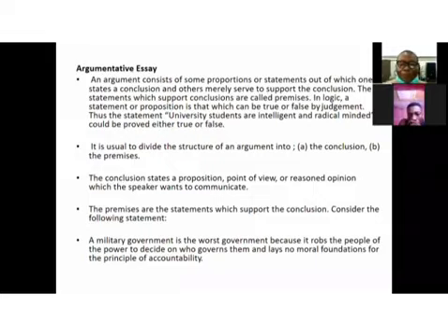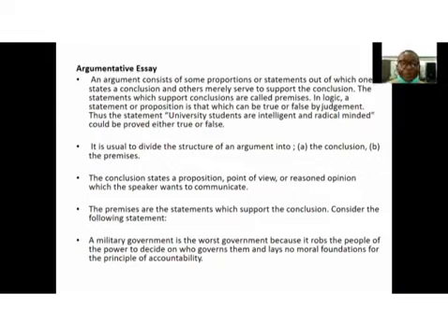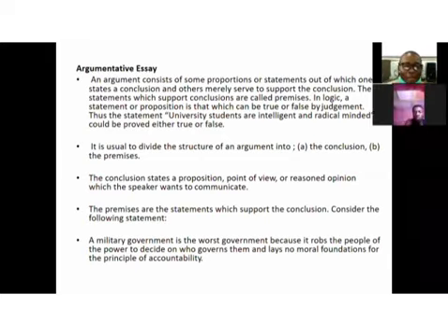The statements which support conclusions are called premises, and this is found in logic. In logic, a statement or proposition is that which can be true or false by judgment. Thus, the statement, university students are intelligent and radical-minded, could be proved either true or false. Now, let's look at it.